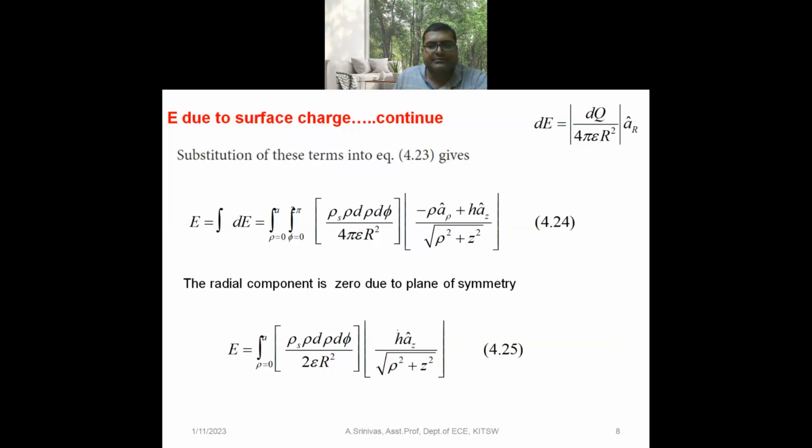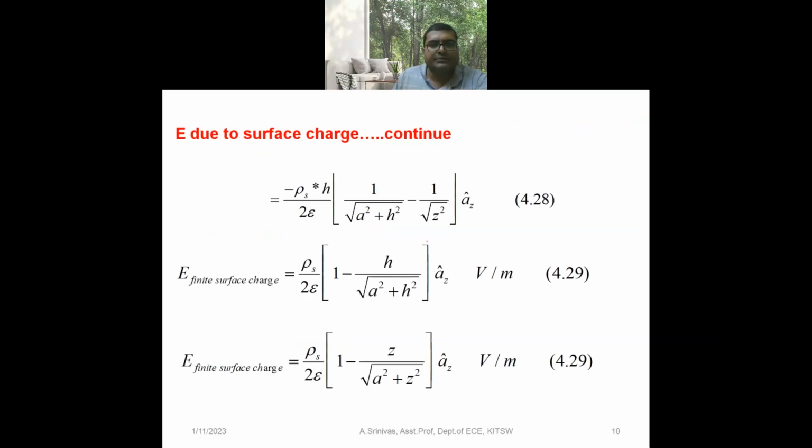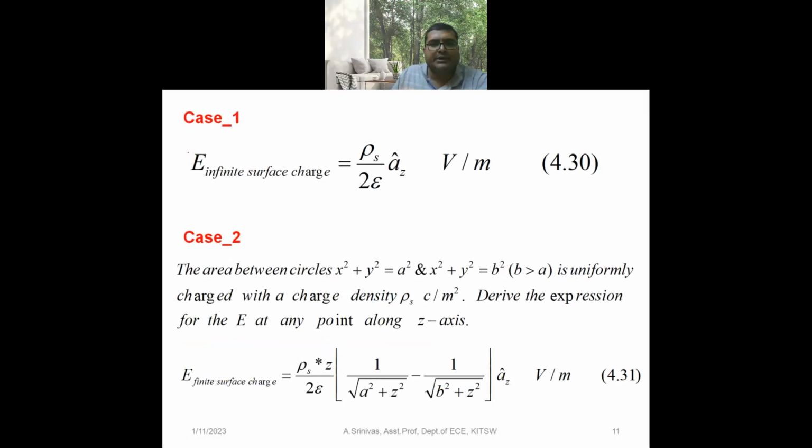He considered h in place of z notation. Field due to infinite surface charge: rho s by 2 epsilon times 1 minus z by root of a square plus z square, az cap, units are volt per meter. In case of infinite sheet, rho s by 2 epsilon az cap volt per meter.